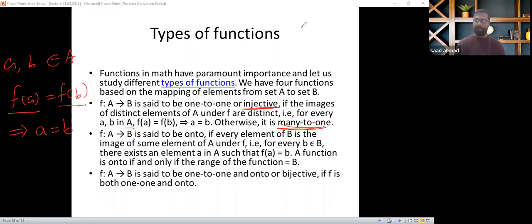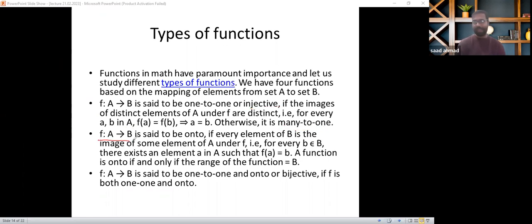The next thing is, a function f from A to B is said to be onto. Onto means it covers the whole range, every element of the range. There is no free element in the range.